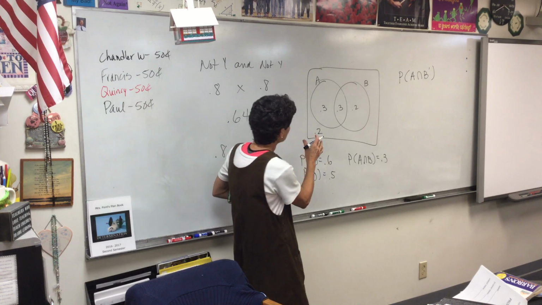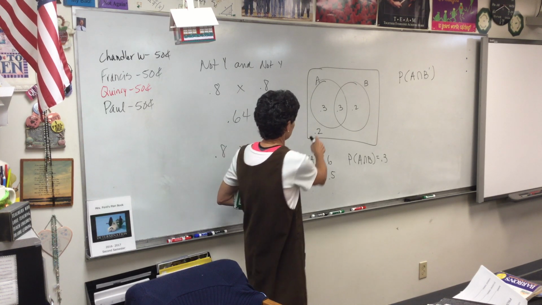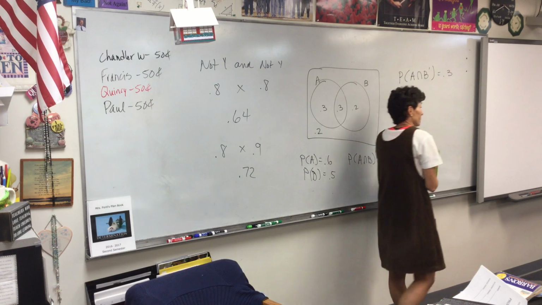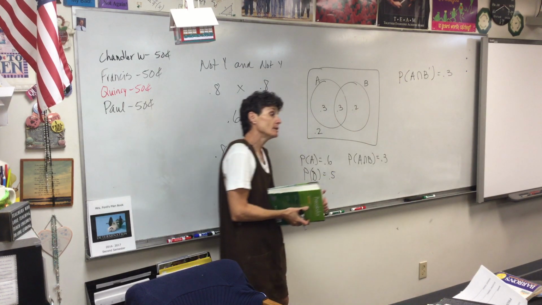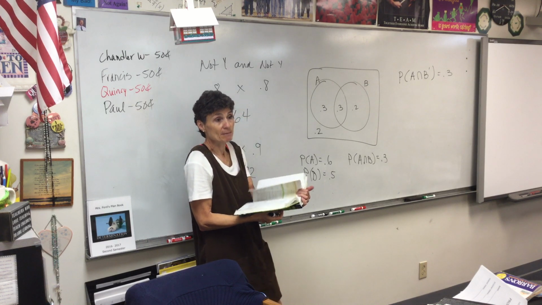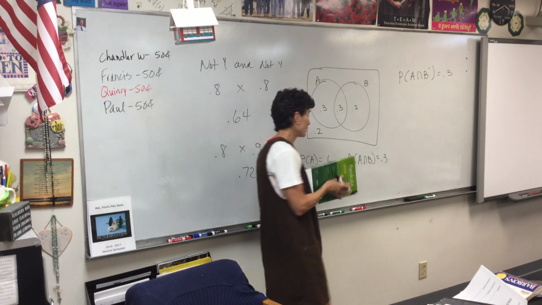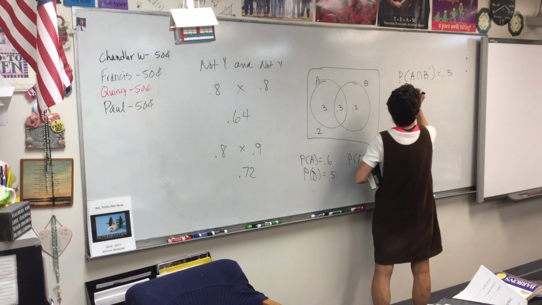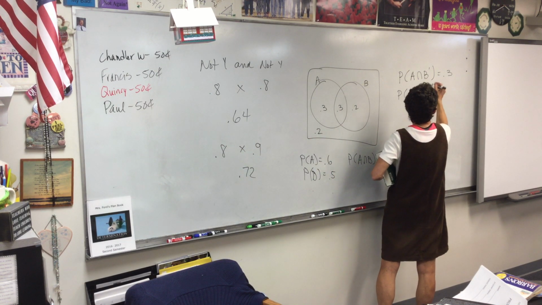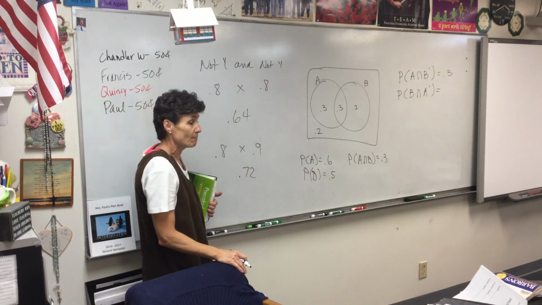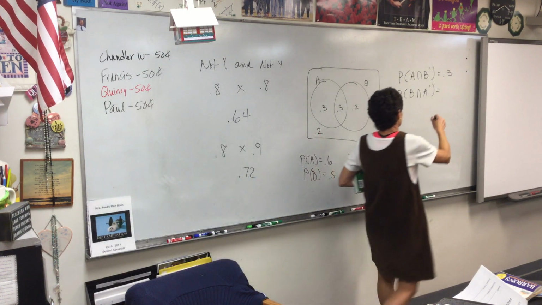So what's that probability? A and not B? 0.3. You're in the A ball, but you're not in the B ball. B occurs, but A does not. That would be B and not A. So you're in the B ball, but you're not in the A ball, so that would be 0.2.